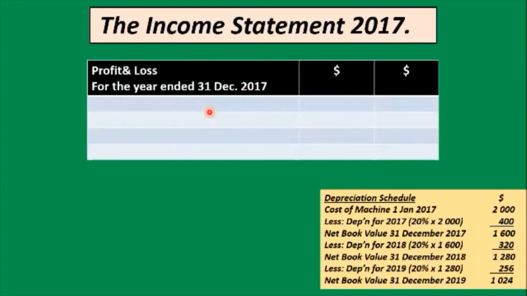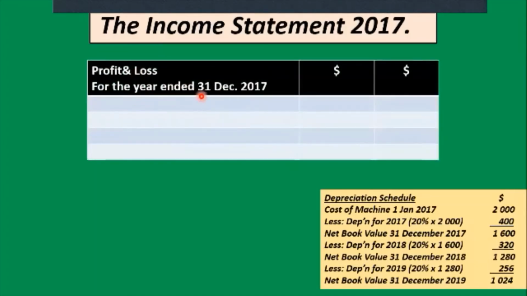Right, our profit and loss account. This is the second section of the income statement, as we saw last year. You bring down the gross profit, right? So for 2017, we would bring down our gross profit in the profit and loss account from the trading account, and then we will put in our expenses.